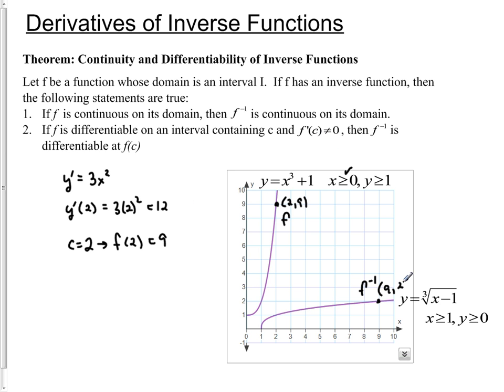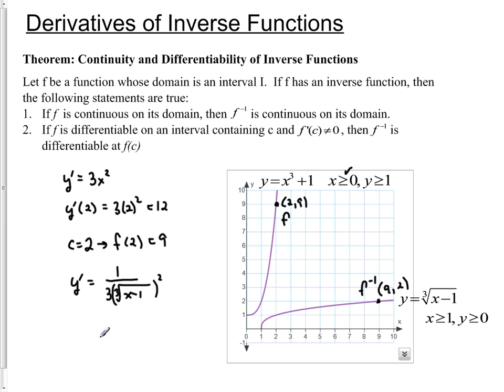There we go. Okay. So if we work that out, we would, of course, find that our inverse function, if we take y prime there, we would get 1 over 3 times the cube root of the quantity x minus 1, squared. And you can work that out for yourself.